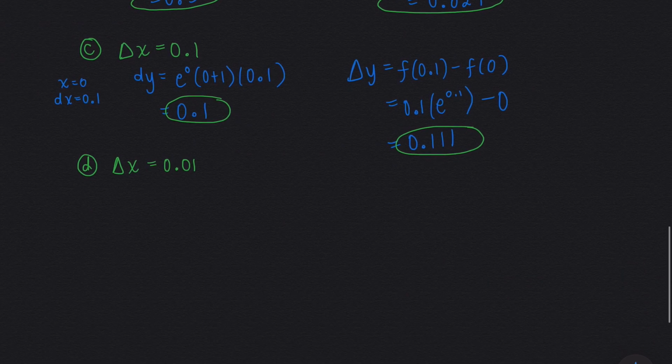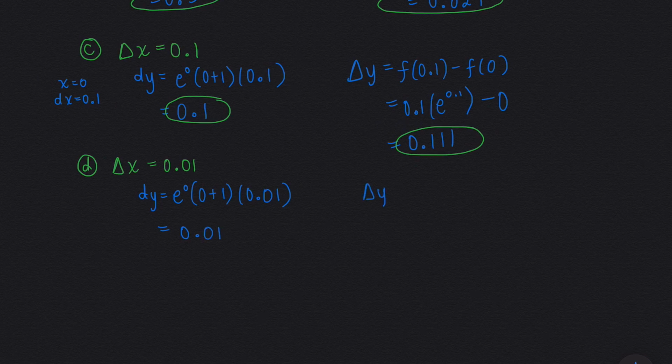Let's see what happens when we make our change in x even smaller, even closer to 0. So dy is equal to e to the 0 times (0 plus 1) times 0.01, which gives us 0.01.